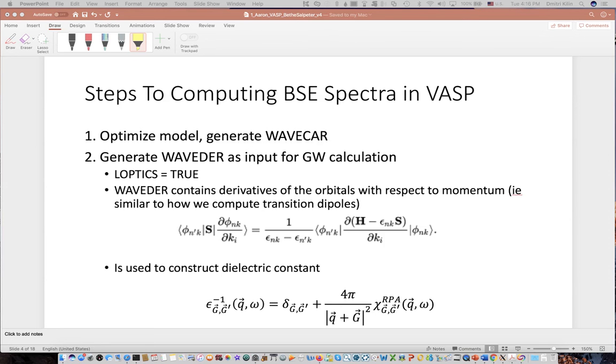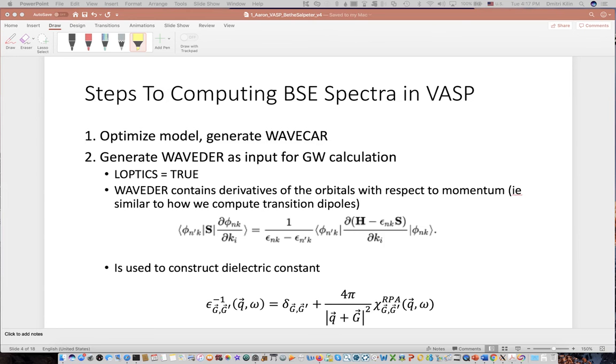Those are the normal steps that we use when you're doing research on a model. And then the next step is you have to generate this wave_dir file that VASP will output from a calculation, and that's used as input for a GW calculation.